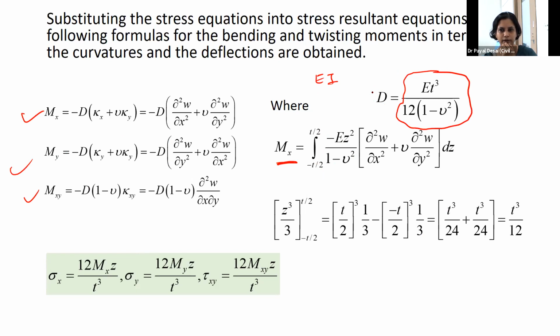So here we are able to derive the flexural stiffness of the plate, and that is Et cube by 12 (1 minus mu square). This is called the flexural stiffness of the plate, and I am able to get this stress formula. It is very similar to your bending stress, but these are the bending stresses in the plate and also the shear stress. So there are two bending stresses, sigma x, sigma y, and there is one shear stress. And you may see here the bending stiffness also.